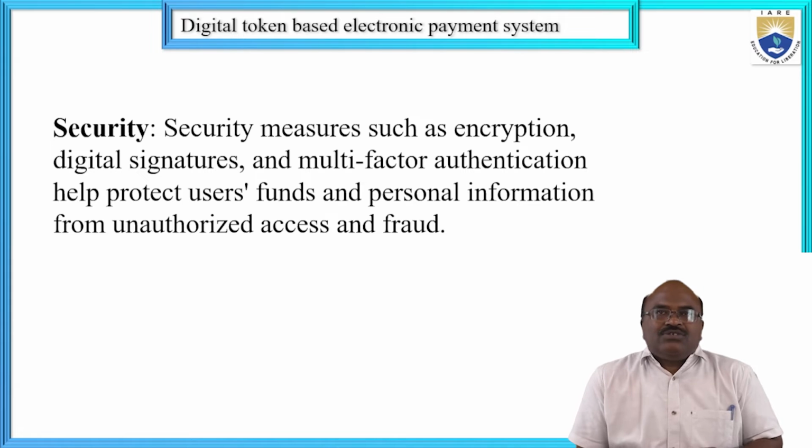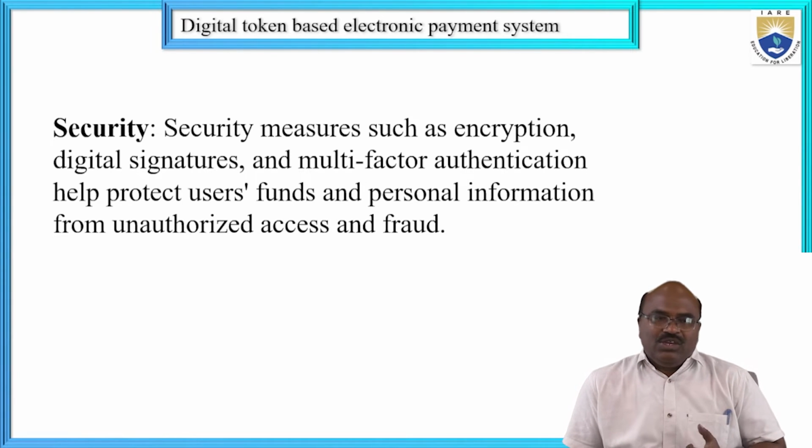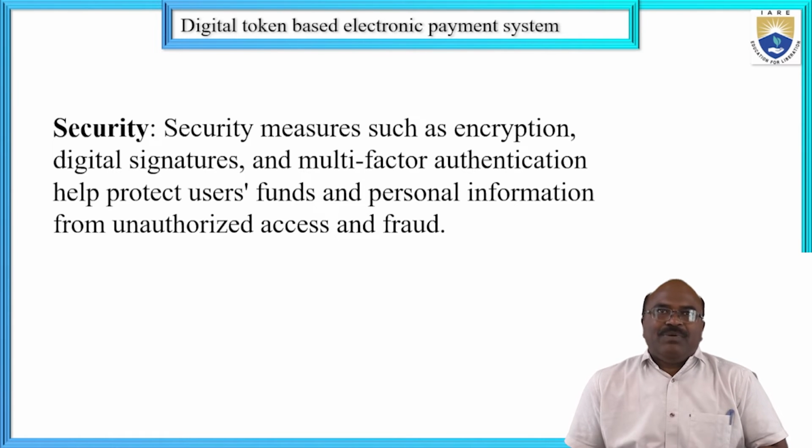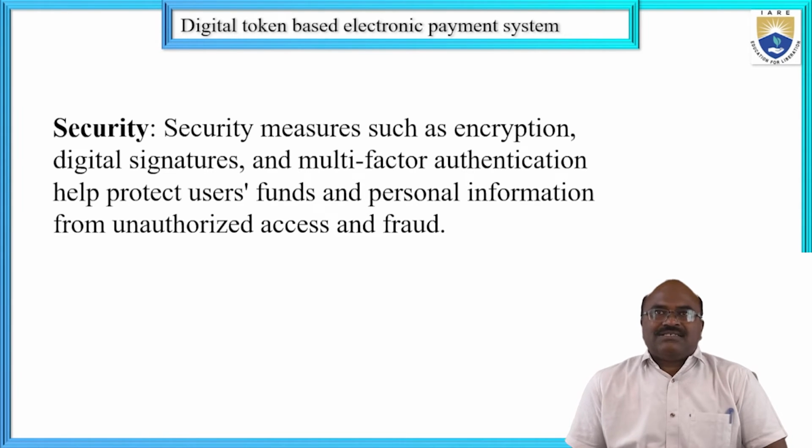In the digital token based electronic payment systems, you can use different types of authentication and authorization. We can validate the amount of data. We can implement the digital signature and multi-factor authentication. It can also help protect the user's funds and personal information from unauthorized access and fraud.